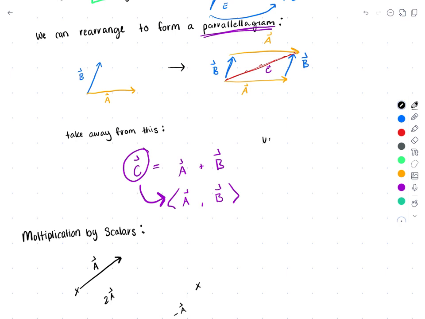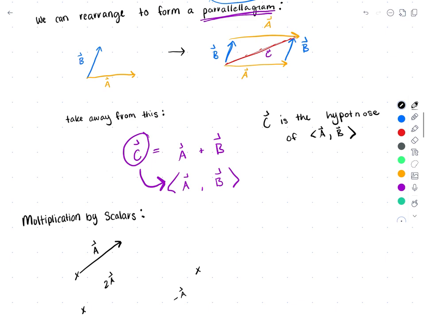Vector C is the hypotenuse of A and B, with harpoons on top so we know they're vectors.